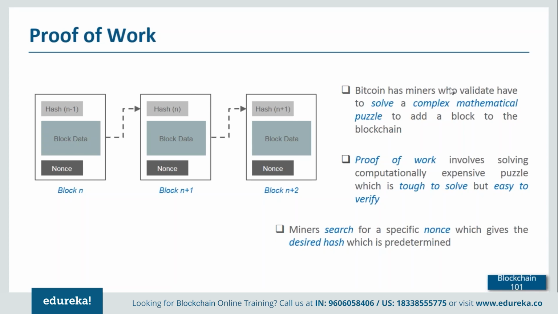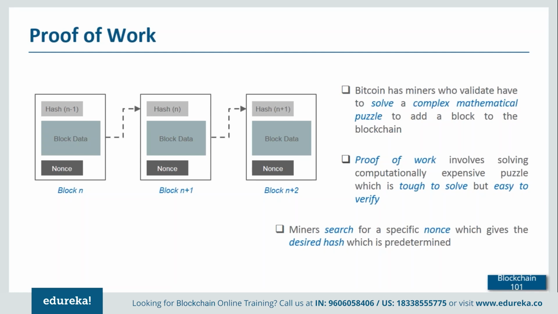Apart from doing this, he'll also start building the new block. While he's building the new block, he needs to compute something known as the nonce. The nonce basically is a value that you need to find using a hit and trial method. Basically, you need to just guess the value of the nonce.